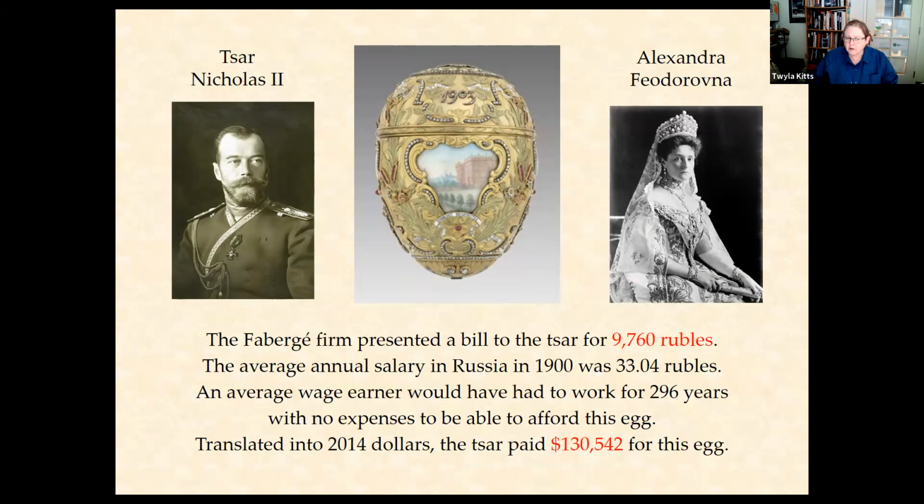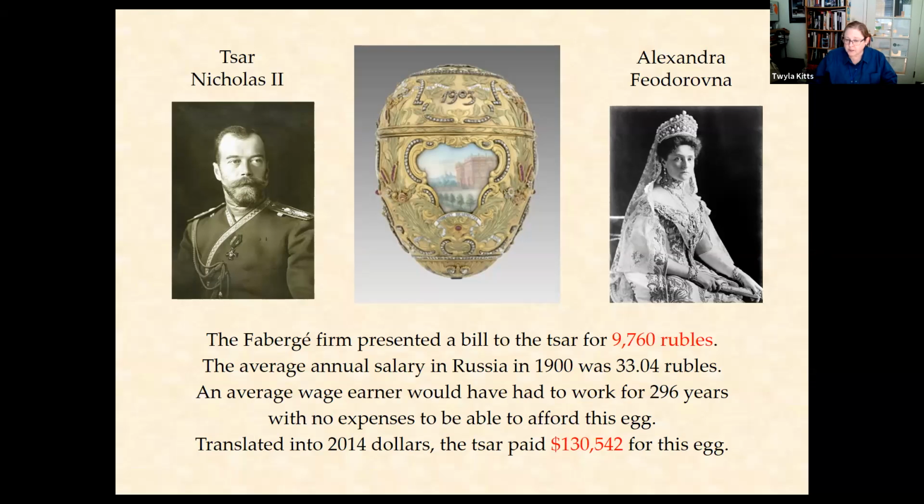Initially the Fabergé firm presented a bill to the Tsar for 9,760 rubles. The average annual salary in Russia in 1900 was 33.4 rubles. So that meant that an average wage earner would have had to work for 296 years with no expenses to be able to afford this egg.